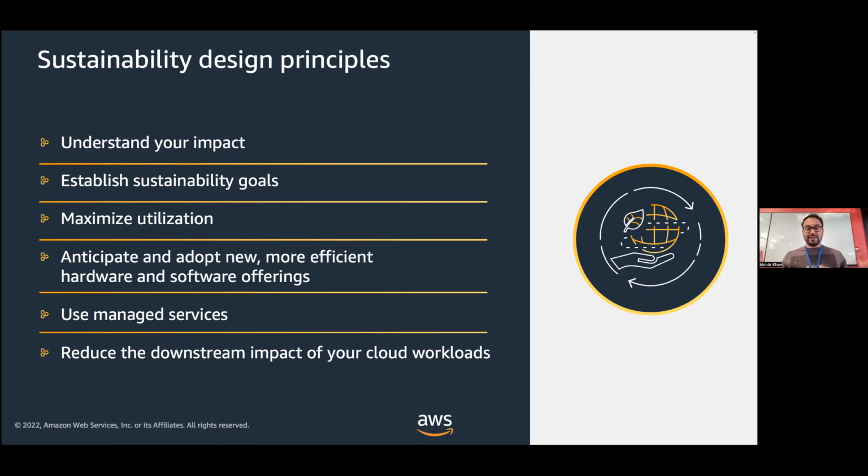So it's an end-to-end cycle, all the way from understanding your impact and your business goals, utilizing your resources to the maximum, as we talked about, two hosts versus one host, new efficient hardware, which is your upstream part, running your applications. And the last part was your downstream impact, which is to your end user, whether it's your citizens or another organization.